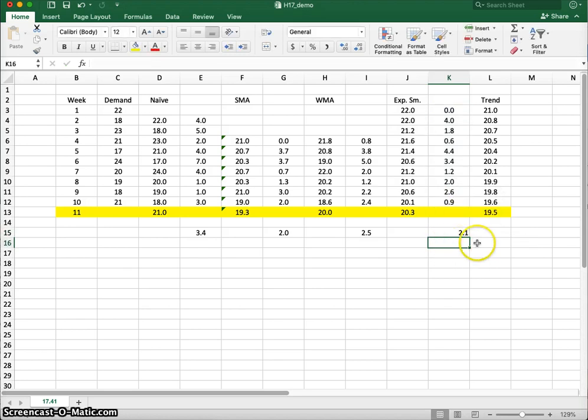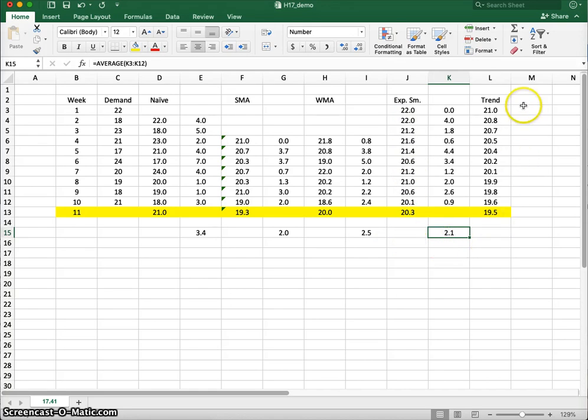That gives us 2.1. And again, with exponential smoothing, you could make your forecast with a different smoothing constant, a different alpha, and see if you got better results.